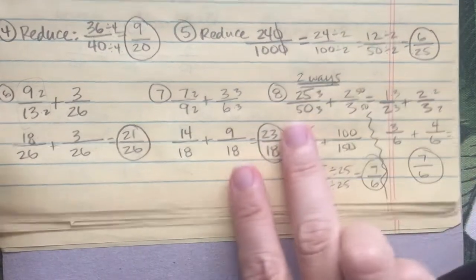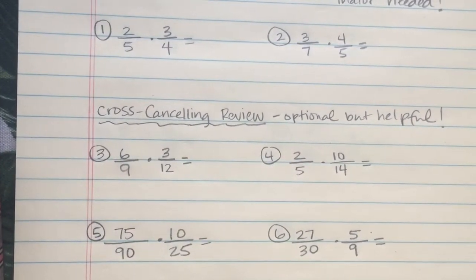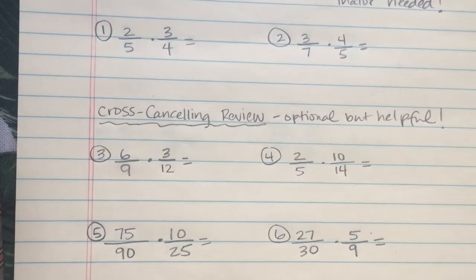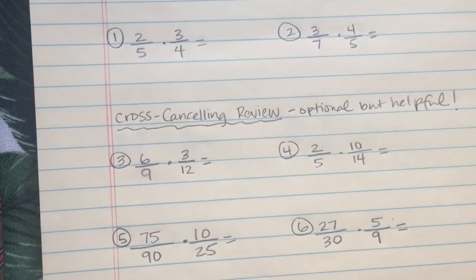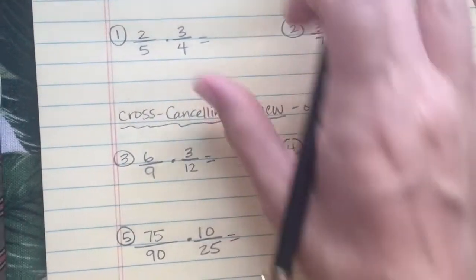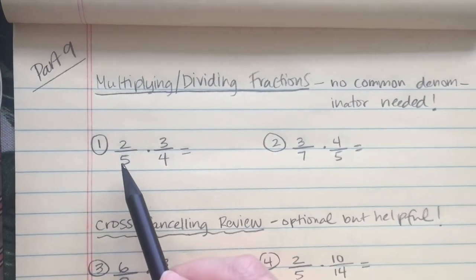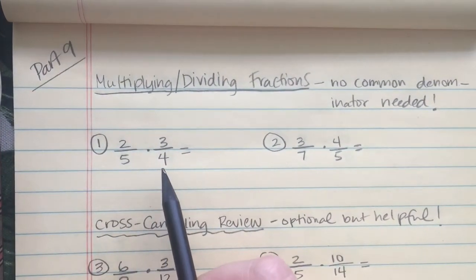Okay, we're going to jump into multiplying fractions. All right, the good news is that multiplying and dividing fractions is way easier than adding and subtracting. So when you are multiplying fractions, let's start there. For the first example, I have 2/5 times 3/4.